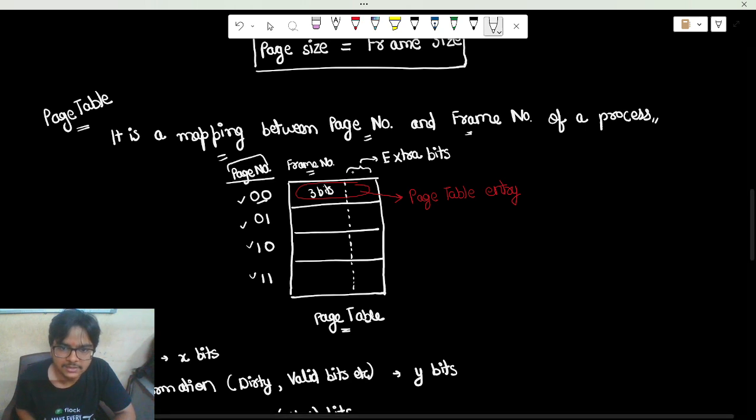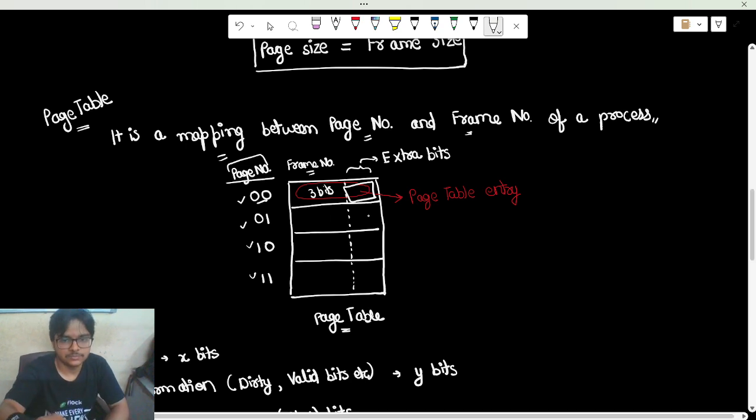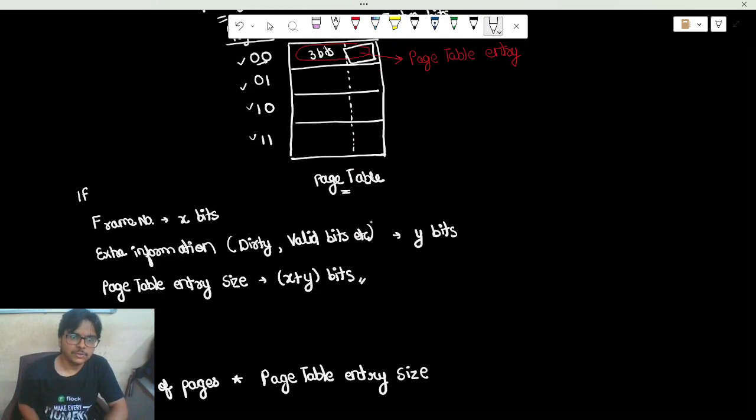There are also some extra bits alongside the frame number. If your frame number has X bits, and extra information, for example a dirty bit or valid bit or some other information, is stored, then that will use Y bits. Then one page table entry will have X plus Y bits.